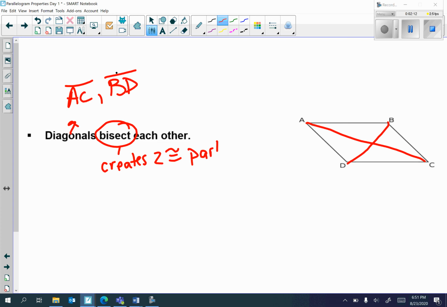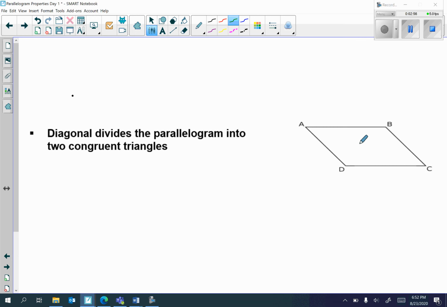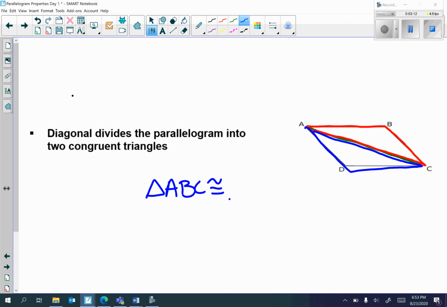Next, we have a diagonal divides the parallelogram into two congruent triangles. So, for example, AC is a diagonal, and that forms two congruent triangles, triangle ABC and triangle ADC. So triangle ABC is congruent to triangle ADC, meaning if the two triangles are congruent, they have the exact same side lengths and the exact same angles inside.